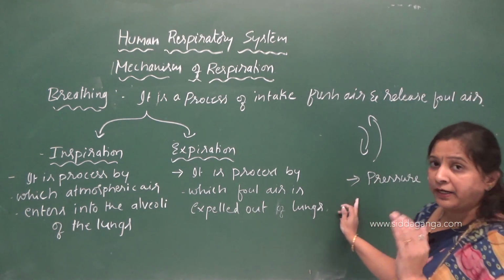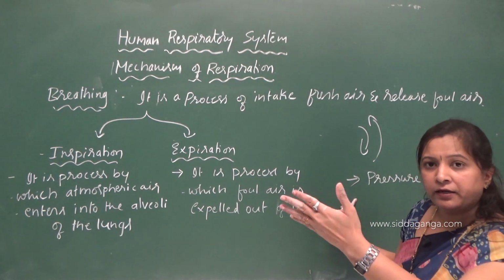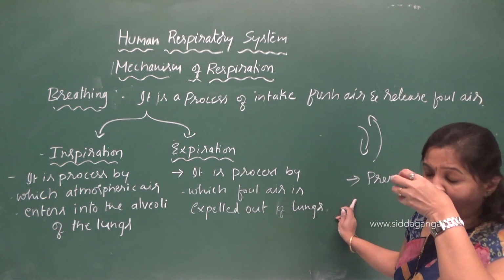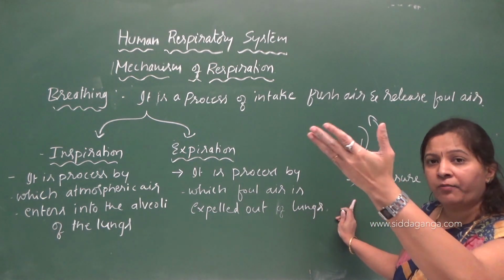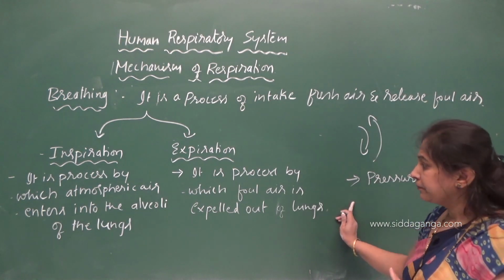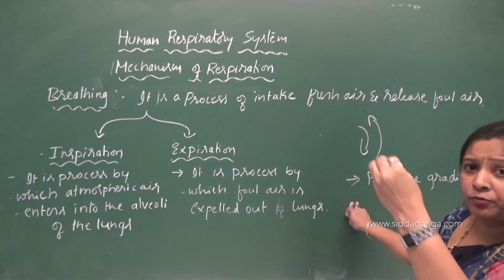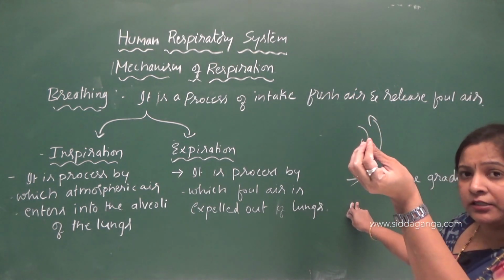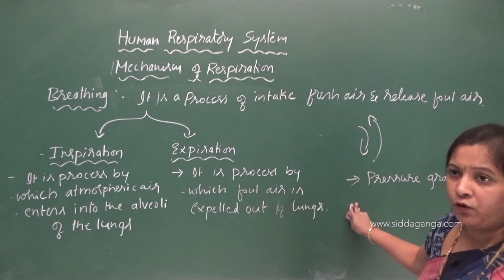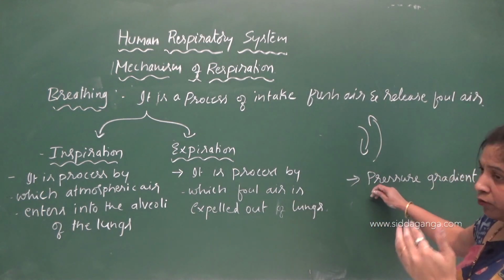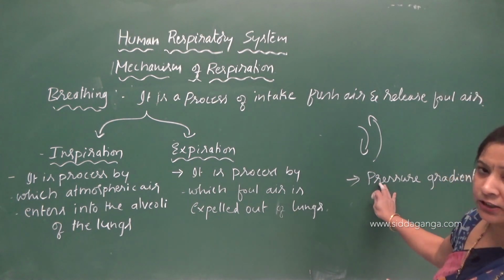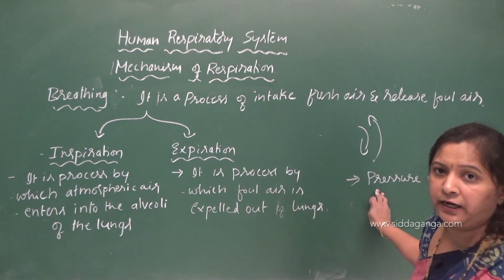So it means a pressure difference between the atmosphere and the lungs, which creates a flow of gases from a region of higher pressure to a region of lower pressure. For movement of air to occur in and out of the lungs, a pressure difference must be created.